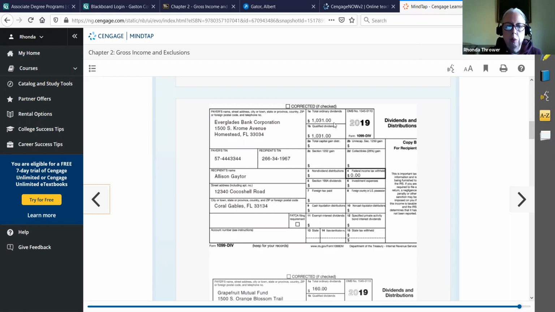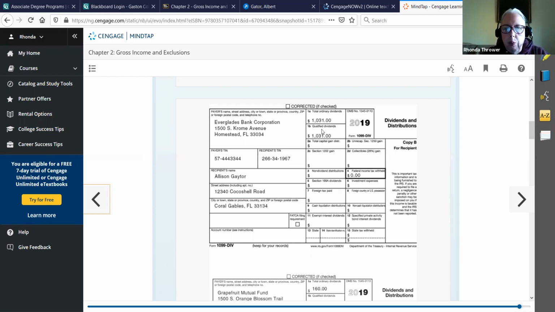So you need to make the distinction as to what that is. An ordinary dividend is going to be taxed at the standard federal tax rate. If it's an ordinary dividend, we tax it at the federal tax rate. If it's a qualified dividend, then we're going to tax that according to the capital gains tax rates.